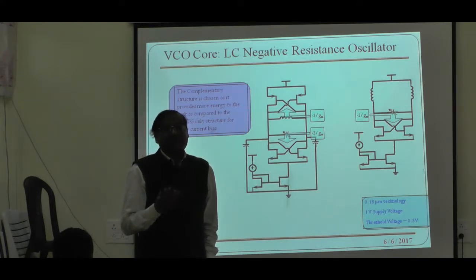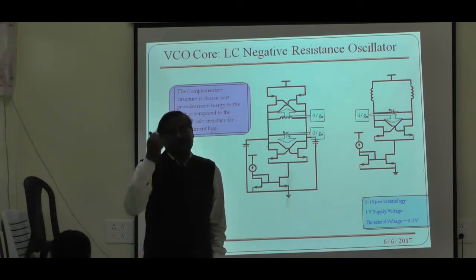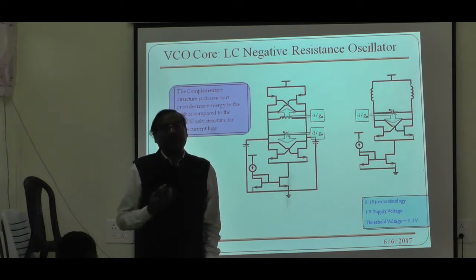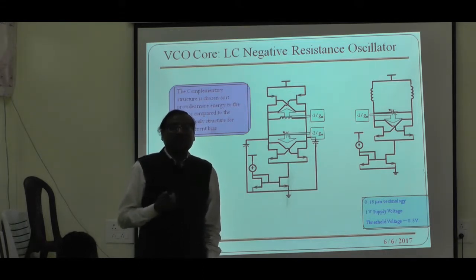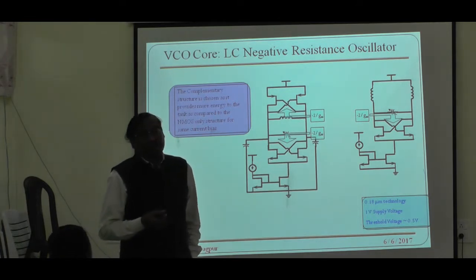And that ends up with a problem because you have a voltage headroom issue. Suppose you are scaling down the supply voltage from 1.8 volt to 1 volt, but the threshold voltage is 0.6. So you cannot say that both transistors will be in the on state.